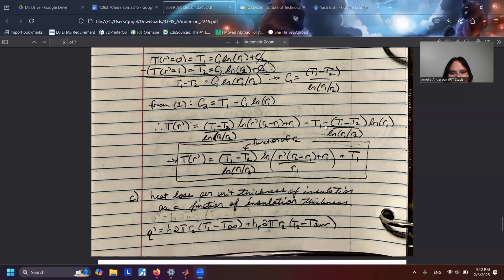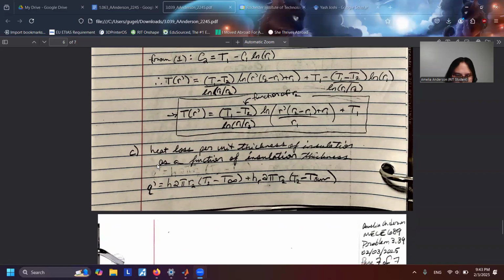We can then combine like terms and factor, and we'll end up with (T1 minus T2) divided by the ln ratio times the ln of this number divided by R1, because again, it's two ln's subtracted, and you can log roll that. And then you've got this T1 over here at the end. I've got this arrow here just denoting that, remember that T2 is a function of R2.